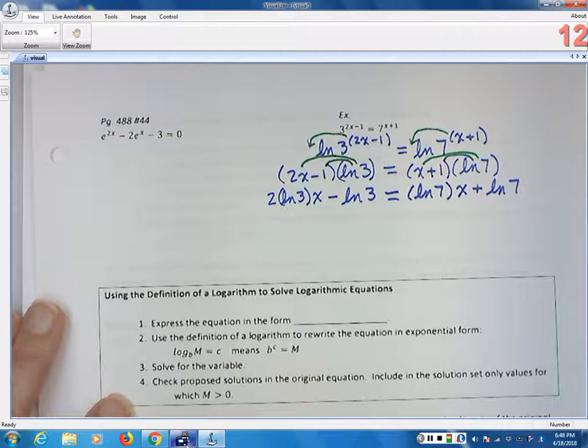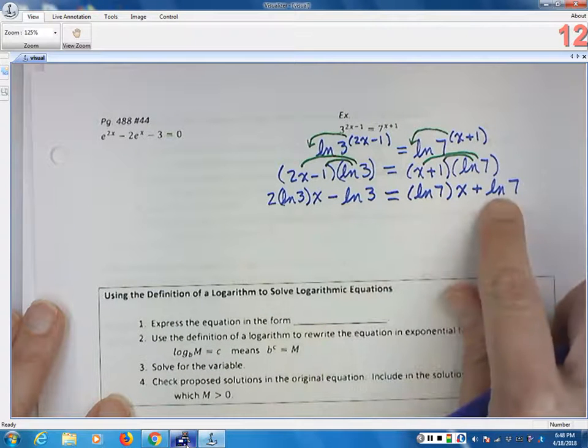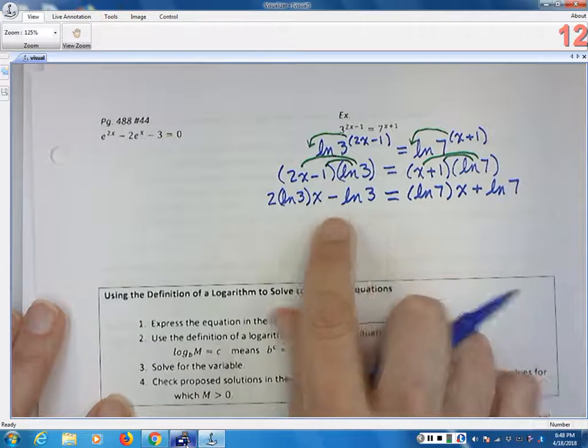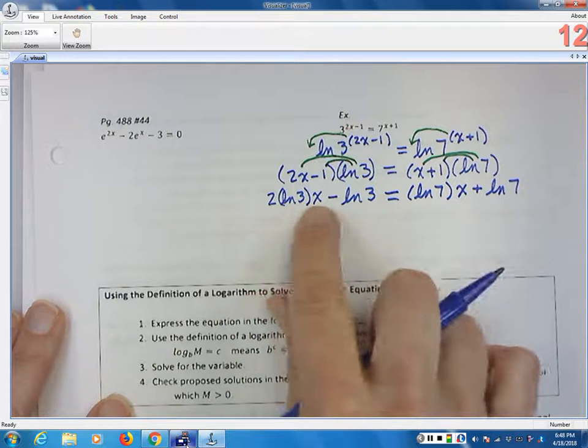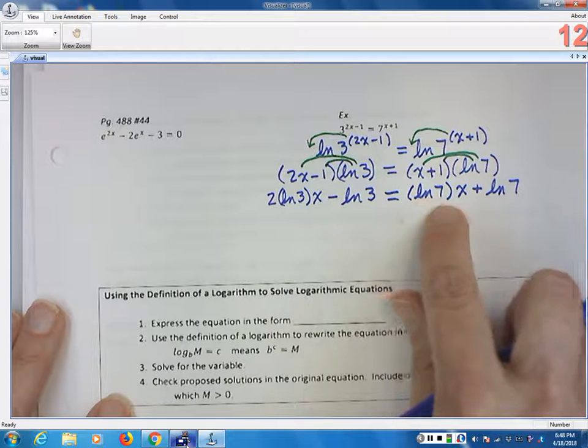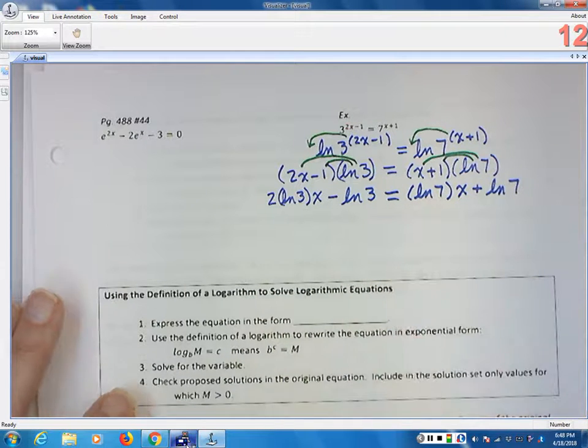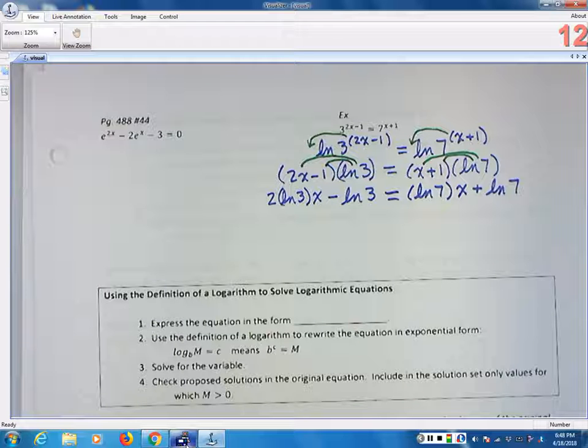So this is just a constant. This is just a constant. This is a coefficient in front of an x. This is a constant in front of an x. Our highest power is x. We want to get all our x's on one side, all our constants on the other.